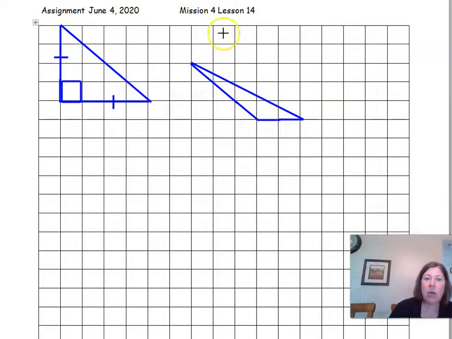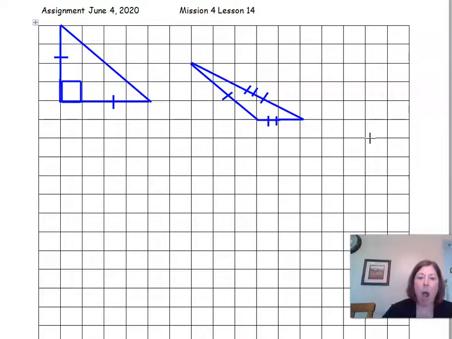So showing that this is a scalene triangle, I'm going to put a line here. I'm going to put 2 lines here because this is clearly a different length. And then I'm going to put 3 lines here.